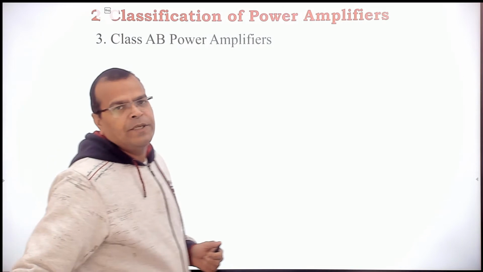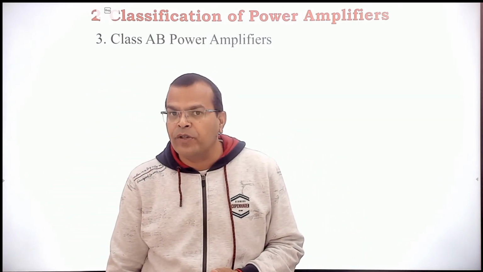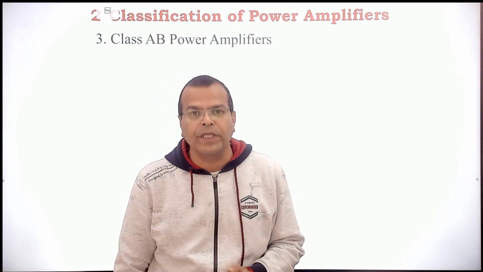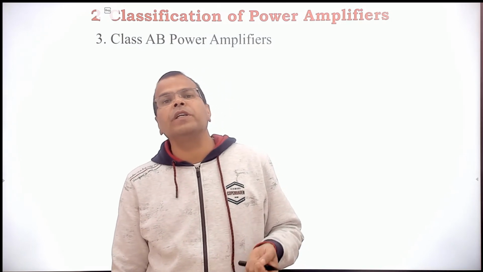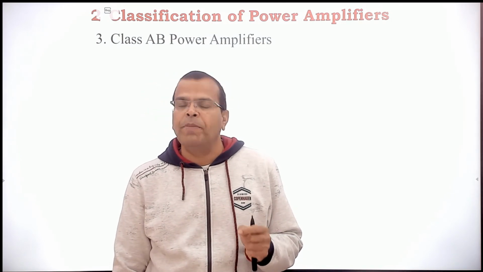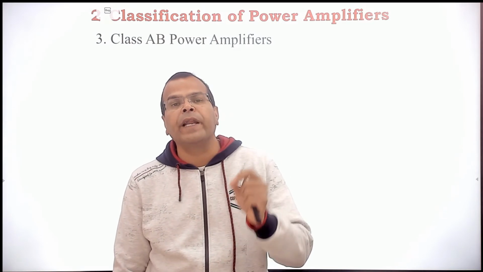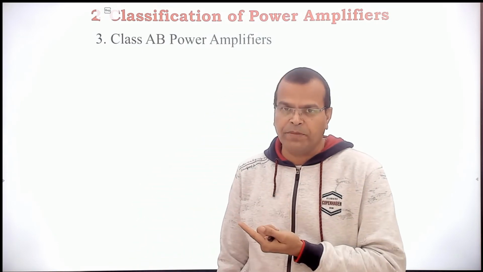In that case, your output signal will not be purely sinusoidal. Output signal is purely sinusoidal when operating point is located at mid of the load line. So when operating point is located in lower half above cutoff, your output signal will be distorted during negative half cycle. During positive half cycle, it will be sinusoidal just like class B amplifier.